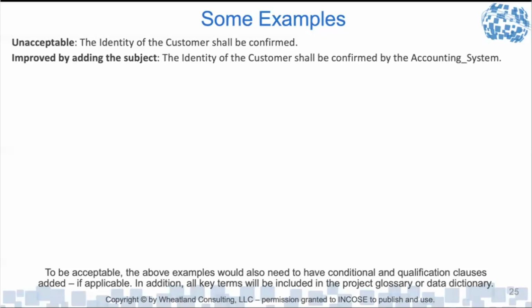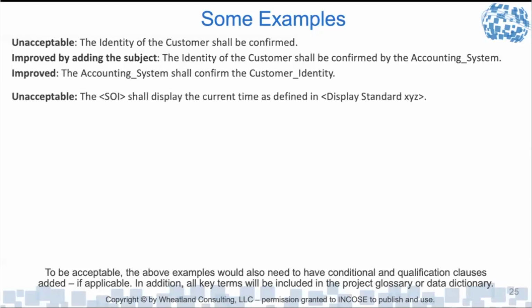And Accounting System is capitalized, so I can look in the dictionary and that's a defined term. Second improved: the accounting system shall confirm customer identity. The first one is still passive, but I just added the accounting system at the end. The second improved one now follows the template, subject before verb, so there's no shall be, it's not passive.